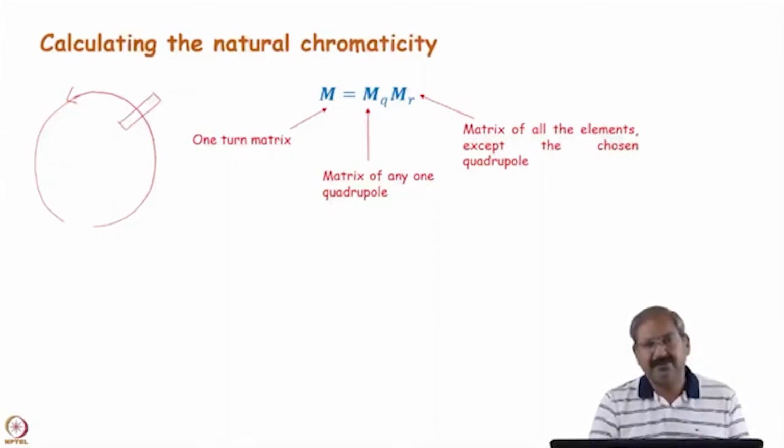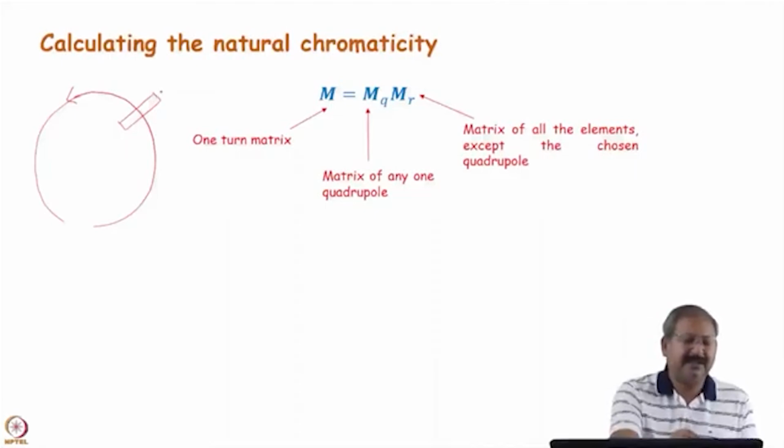Because up to the quadrupole the dynamics remains linear, if we calculate the effect of one quadrupole and quantify it, then for all the quadrupoles the effect will be superimposed. So we will calculate the effect of one quadrupole on the off momentum particle.